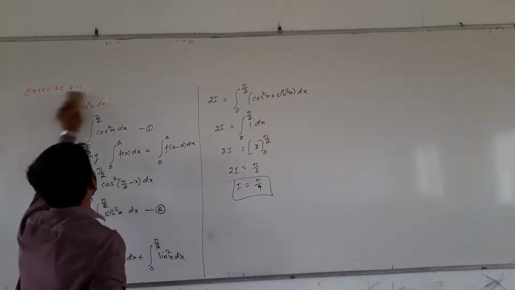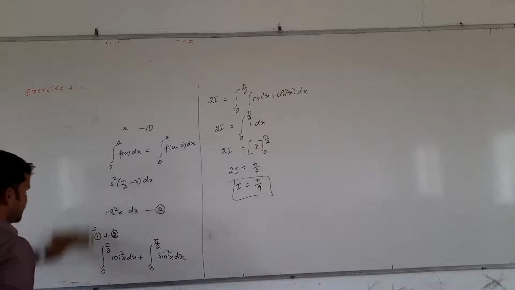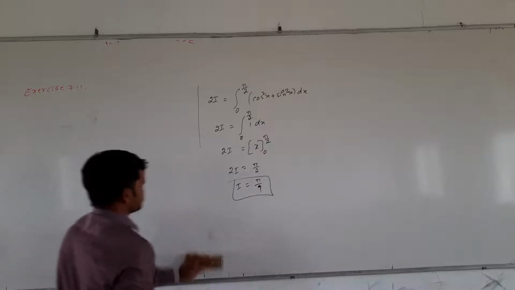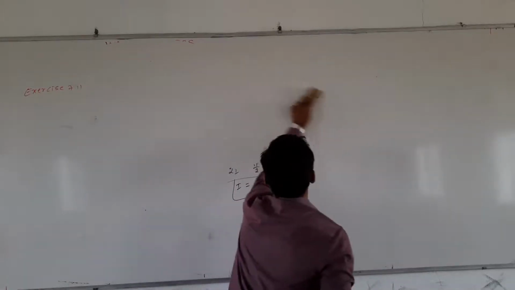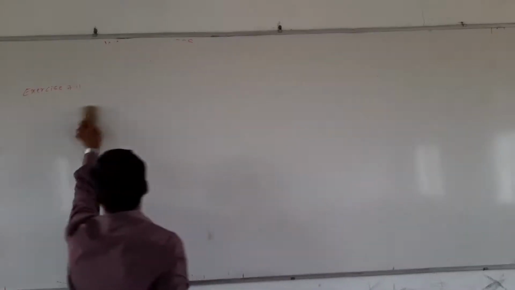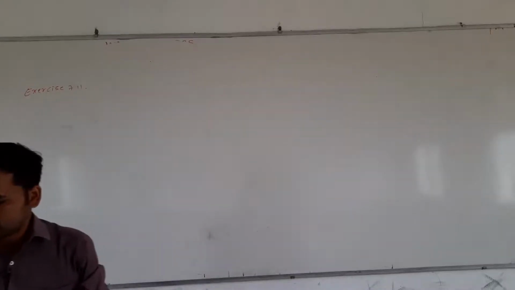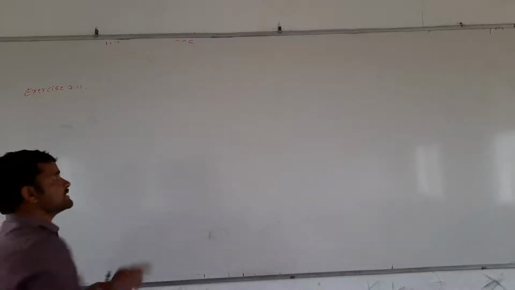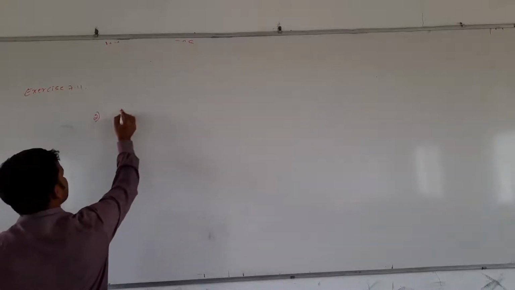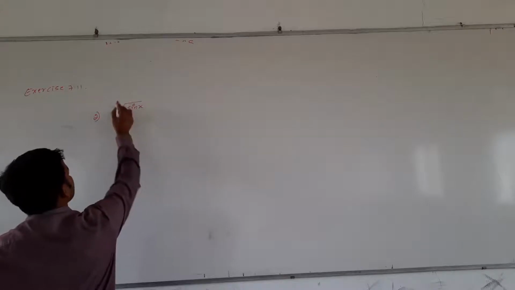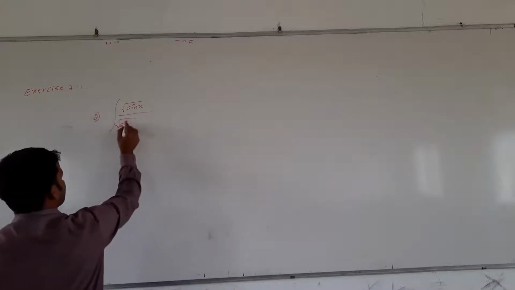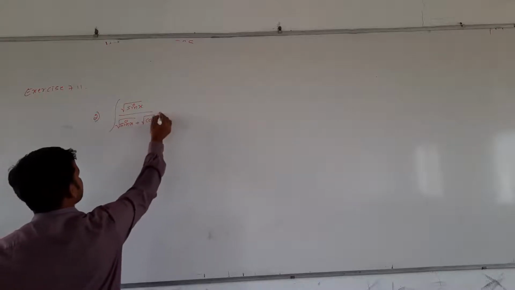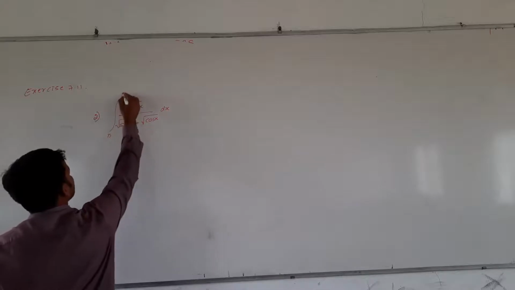With this, the first question in exercise 7.11 is completed. Second problem is integration of square root of sin x by square root of sin x plus square root of cos x into dx from 0 to pi by 2.